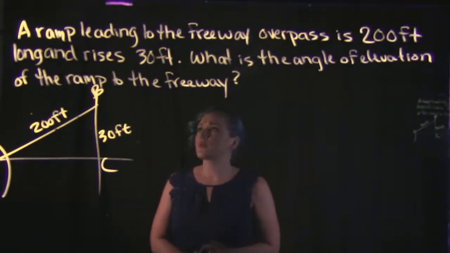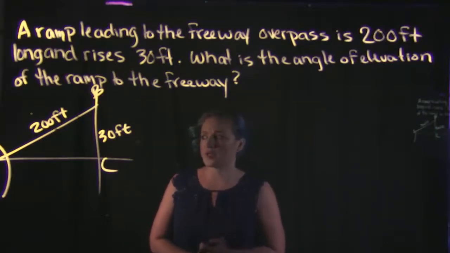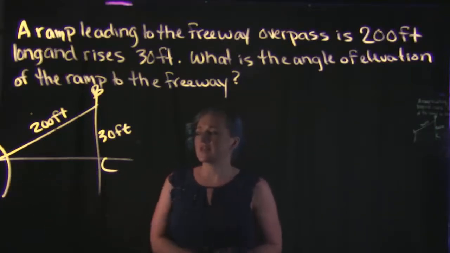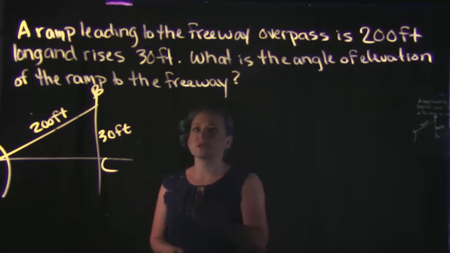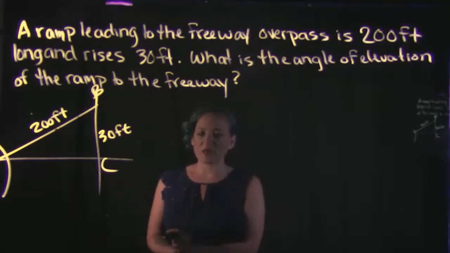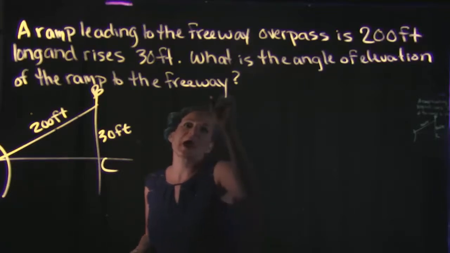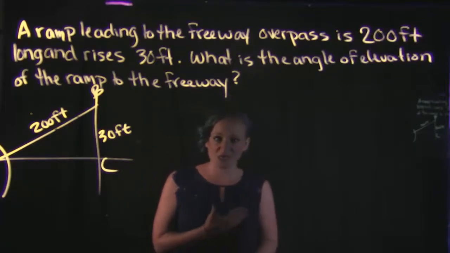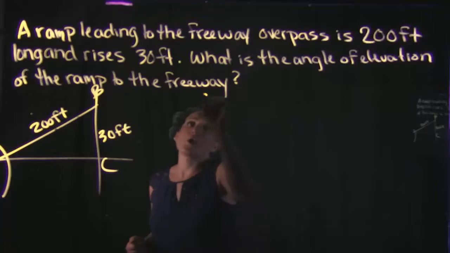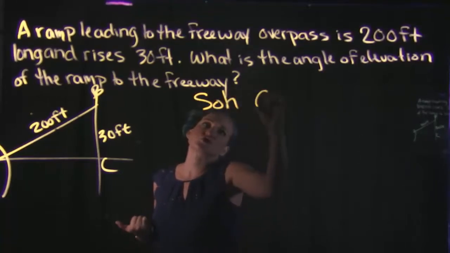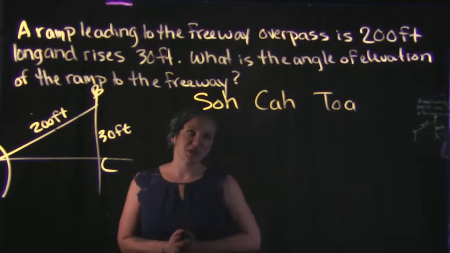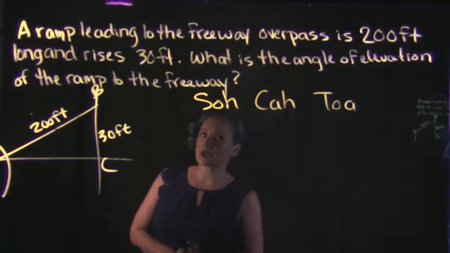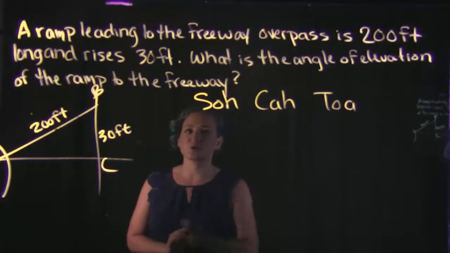So for this particular problem, we're going to want to use a little bit of our trig properties in order to find that angle of elevation. So when it comes to our trig properties, we're looking at sine, cosine, and tangent. Or what I like to use, SOH CAH TOA, is just a way to remember what sine, cosine, and tangent are in reference to.